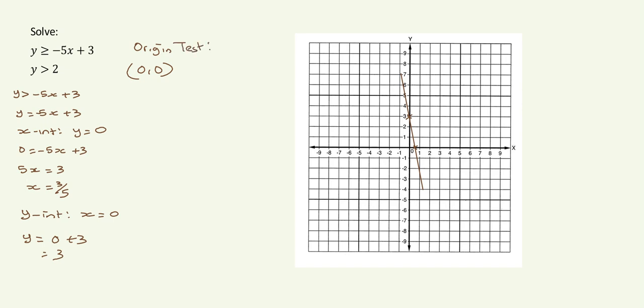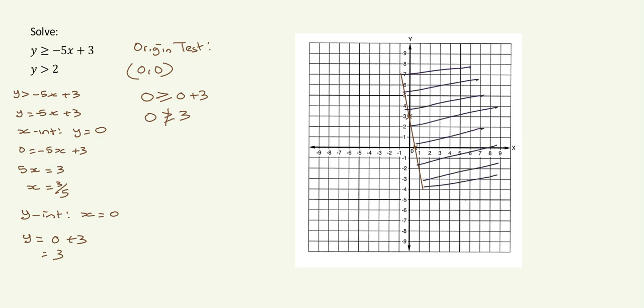So what we're saying here is 0 is greater than or equal to 0 plus 3. So 0 is greater than or equal to 3, which is factually inaccurate. So what we're going to do now is shade every part of the graph that does not have the point 0, 0. So that's going to be this portion of the graph. This does not have the point 0, 0.